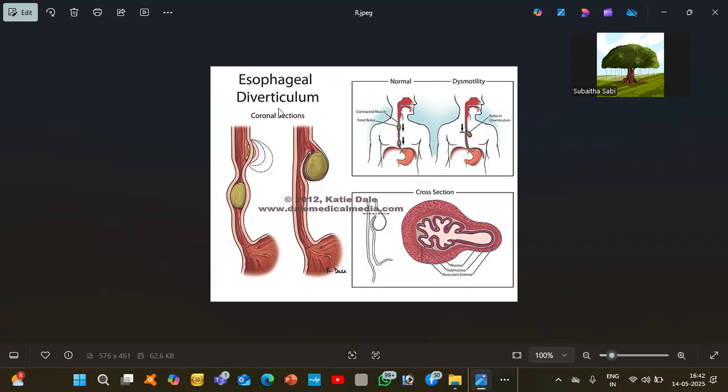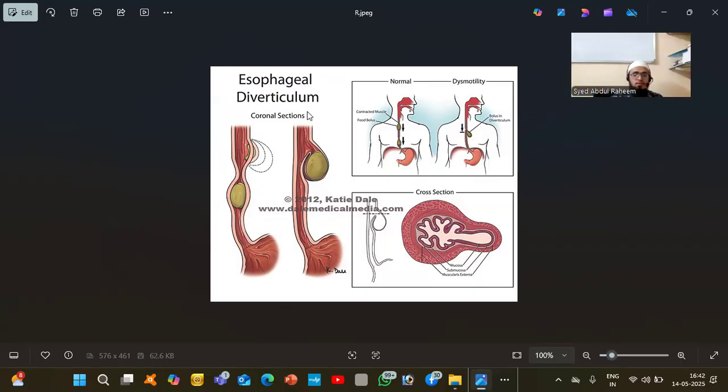But in esophageal diverticulum, the mucosa will bulge out posteriorly from the wall of the esophagus. In that, the patient has main symptoms like dysphagia, difficulty in swallowing, and regurgitation: whatever you eat, you get it back outside. These are the symptoms.